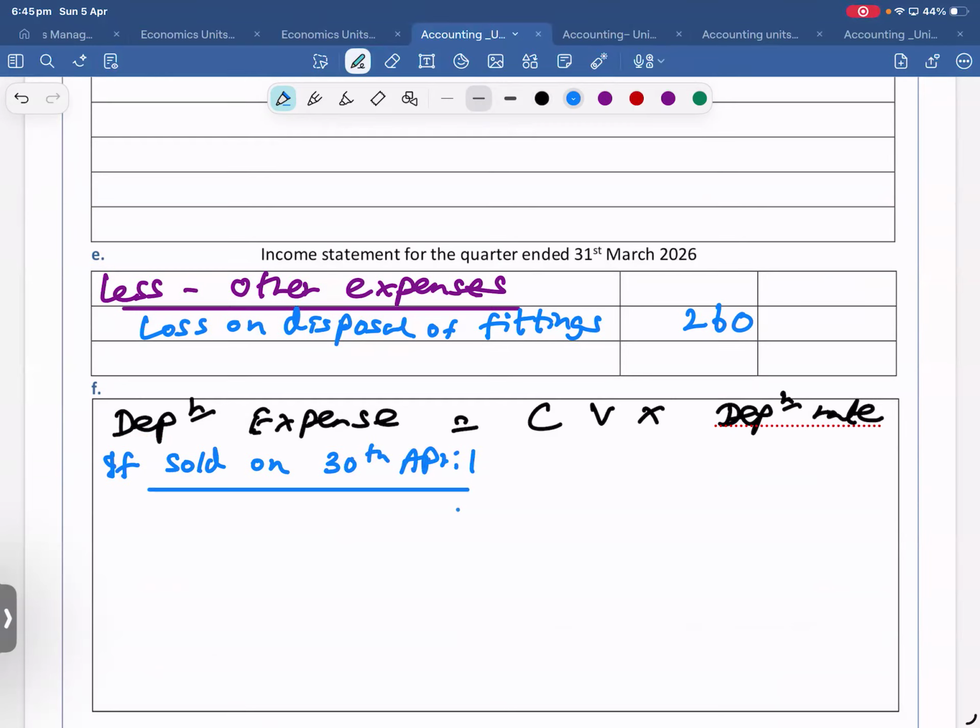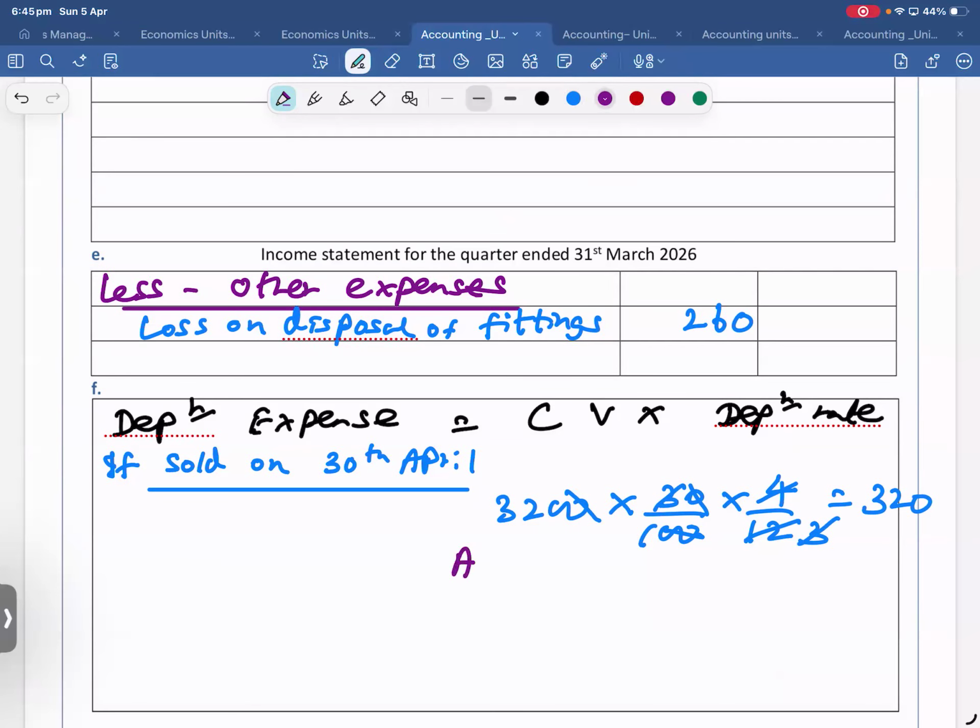Yep. 320. Then what's the accumulated depreciation? Accumulated depreciation would have been 32,800 plus 320, so 33,120.